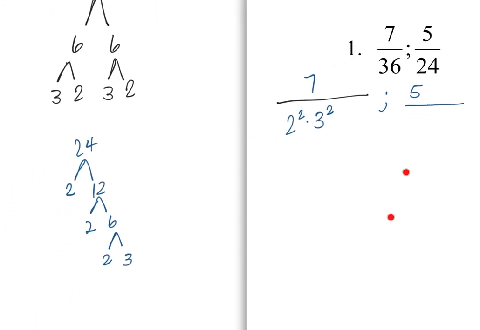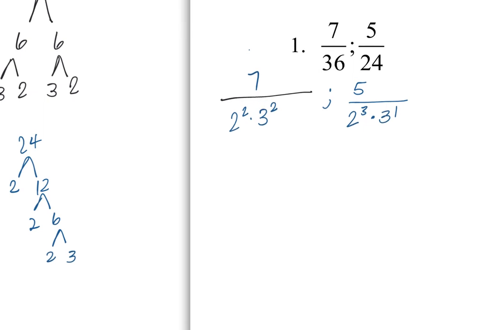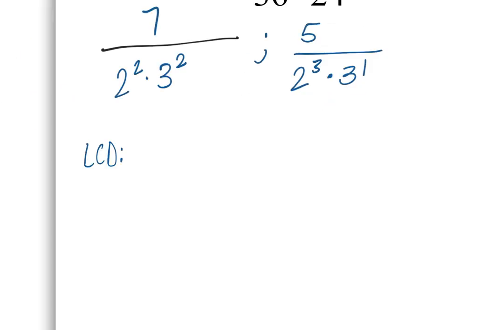There are 3 2's, so that can be written as 2 cubed and 3 to the first power. So when you're building the LCD, you want to look at what bases you have in common, write the highest power of that, and then anything that's left over.